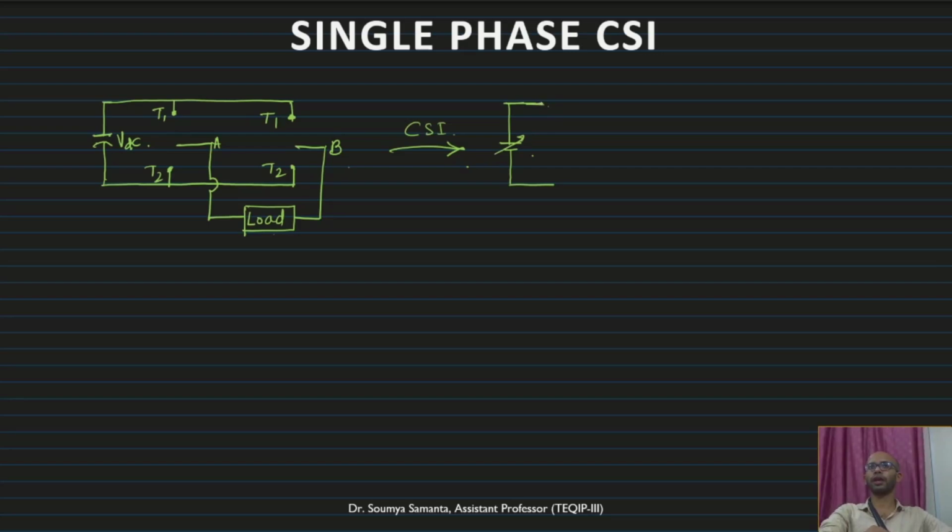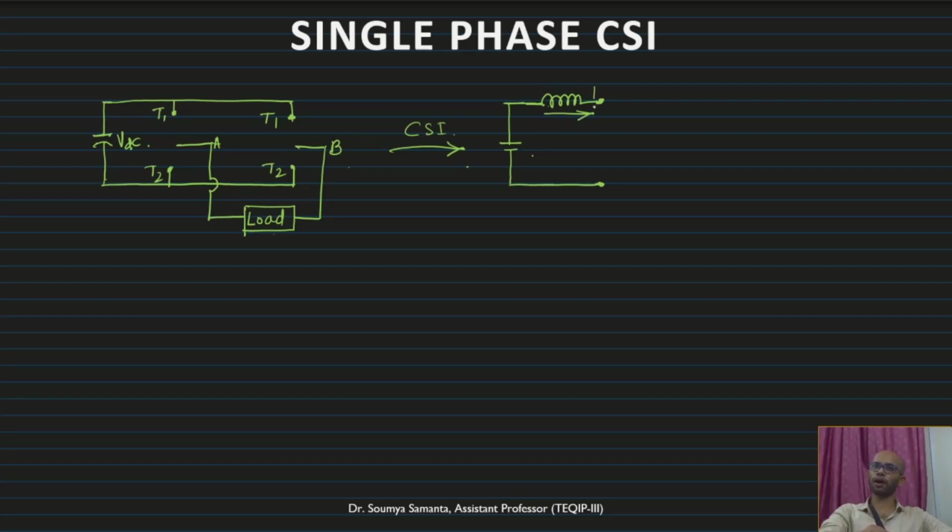Now if we connect an inverter here, the inductor does not allow the current to change abruptly, so we will get a source of current.